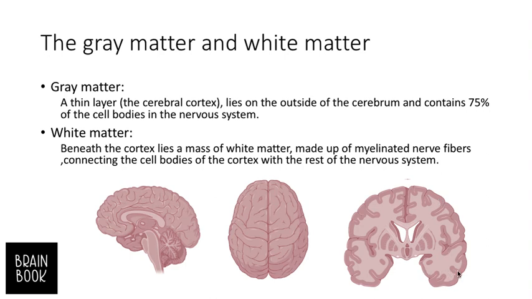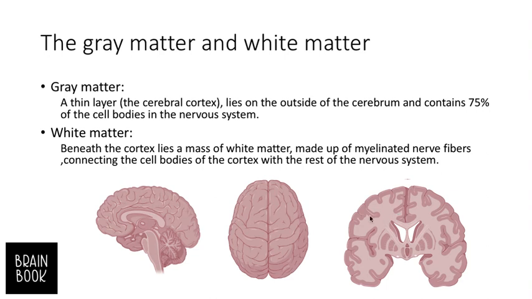It is named the cerebral cortex, and you can see here all the brain, even in the longitudinal fissure and hemispheres, are covered with the gray matter. And the gray matter contains 75% of all cell bodies in the nervous system, and the cell bodies in the gray matter are so dense.